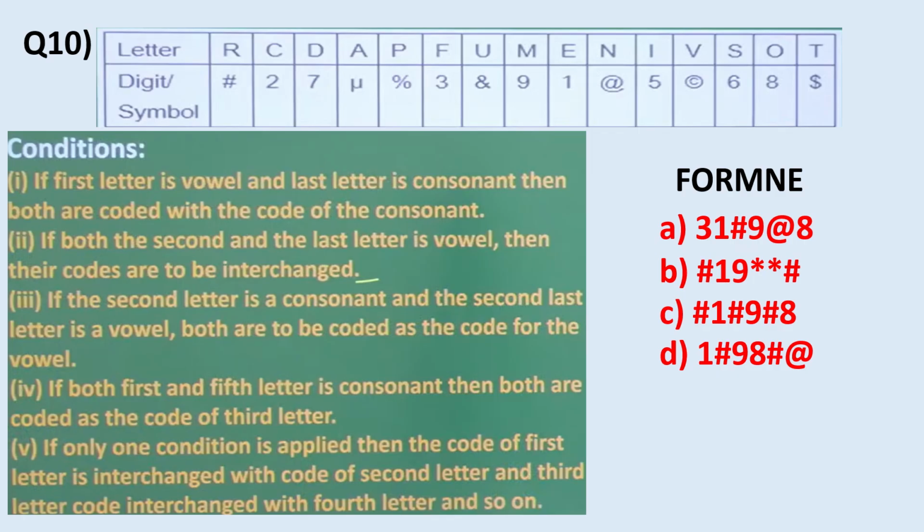So there are some conditions given to you, and based on those conditions, you have to decode whatever the question they have given. Okay, FORMNE. This you have to decode by using these conditions, and this is the table given to you. Okay, so how to solve it, I'll tell you.